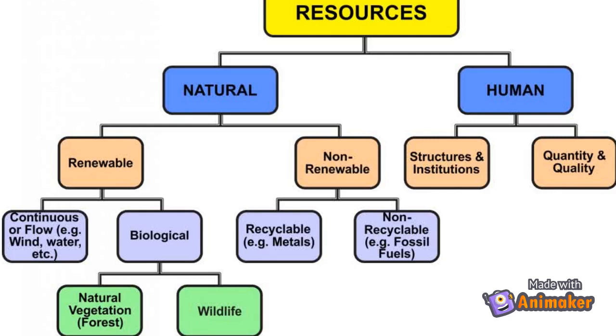Here we can see the general classification of resources. That is, natural and human resources. Natural resources are categorized into two: renewable and non-renewable resources. These renewable resources are again classified into continuous and biological resources.